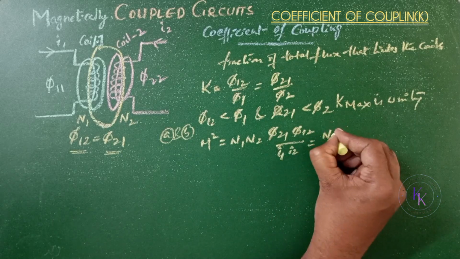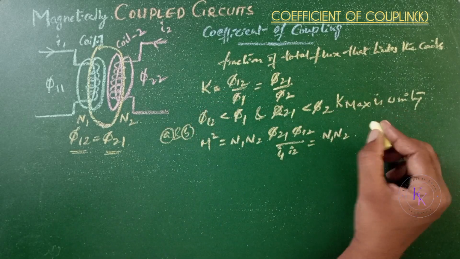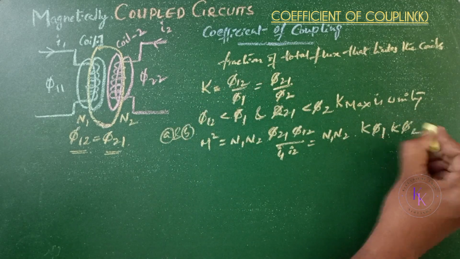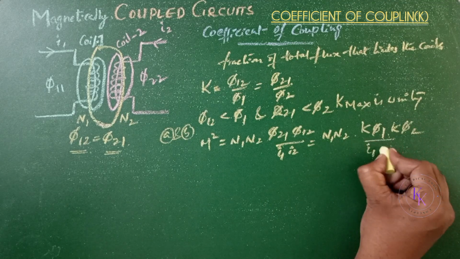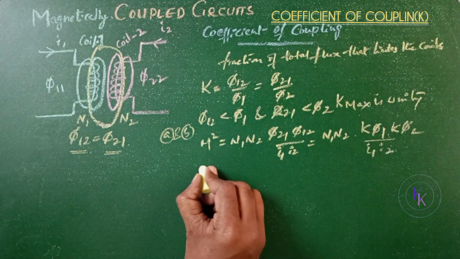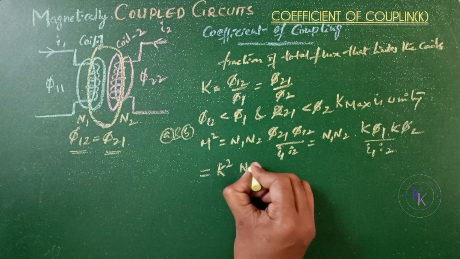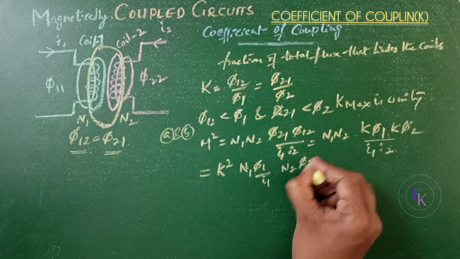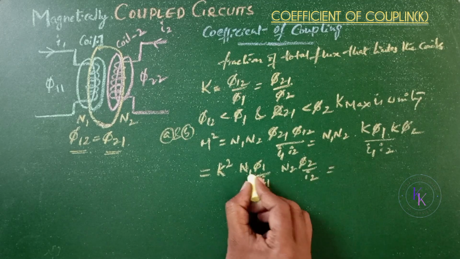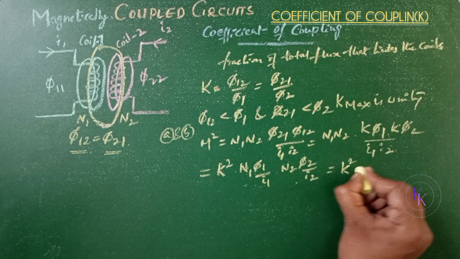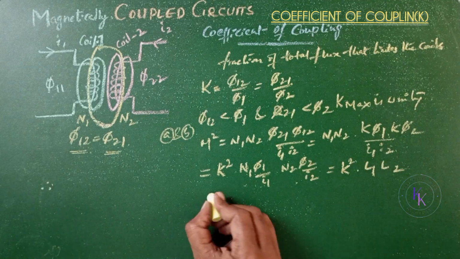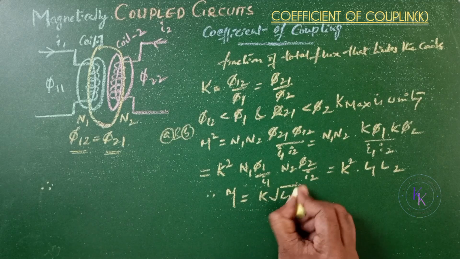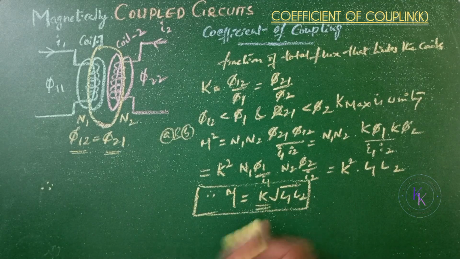From this, with phi 12 equal to K phi 1 and phi 21 equal to K phi 2, we get K squared times N1 phi 1 divided by I1 multiplied by N2 phi 2 divided by I2, which are nothing but the self-inductances. So K squared L1 L2. Therefore M is given by K times the square root of L1 L2, where K is the coefficient of coupling.